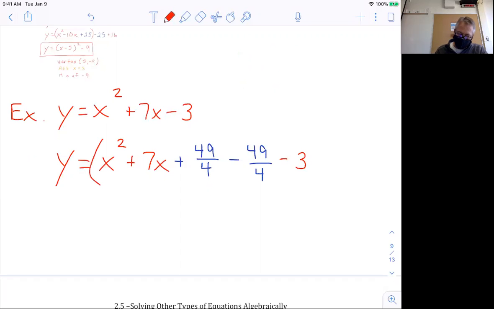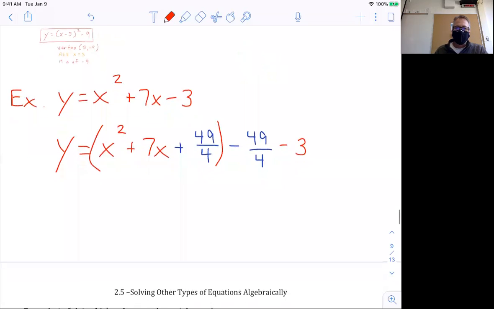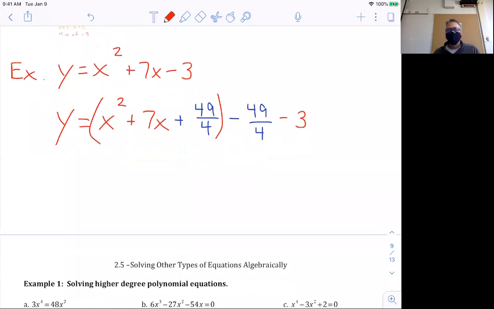How are we ever going to factor this thing? It actually is much easier than it seems, because it's always going to factor into the same thing. And actually, that same thing it factors into is always half the b term. So it factors into x plus 7 halves times x plus 7 halves, or x plus 7 halves squared.